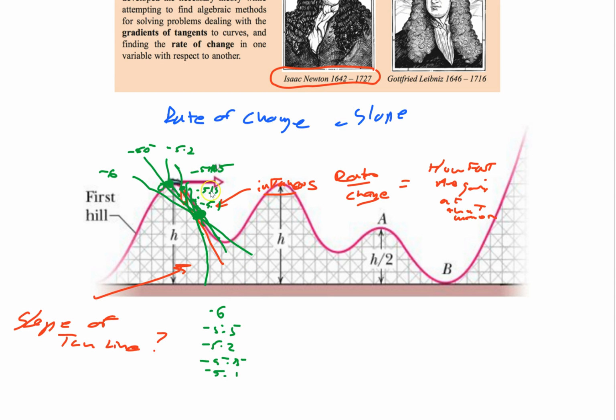If you look at it, if I keep on getting closer and closer, doesn't it look like it's gonna get close to negative 5? You know what that is? That's the limit. So we take the limit of all the slopes of secant lines, and it equals the slope of a tangent line.